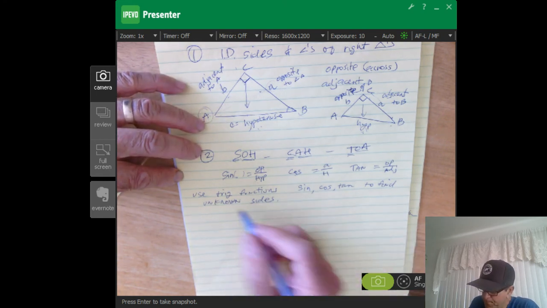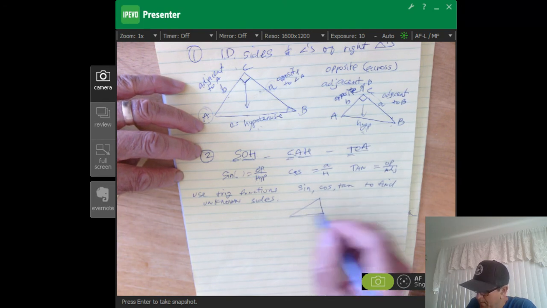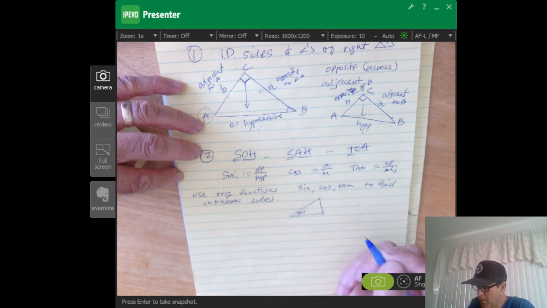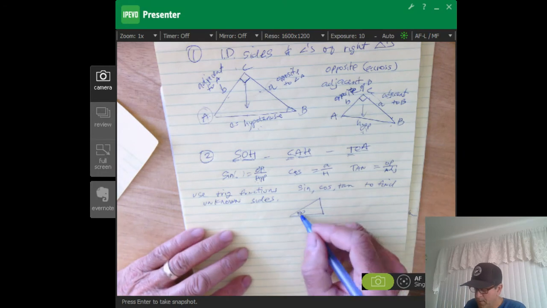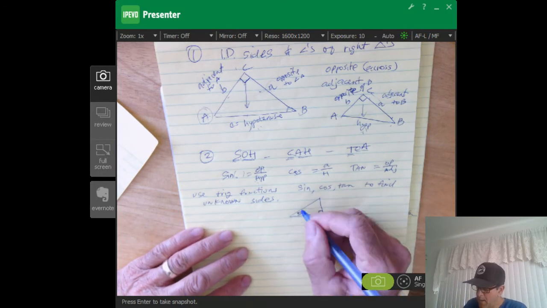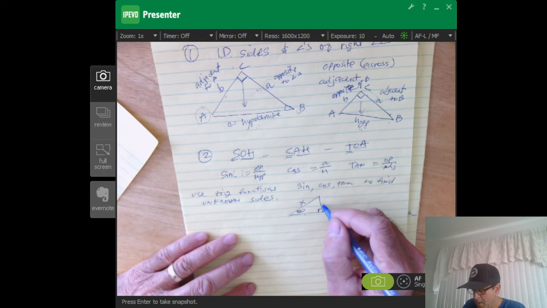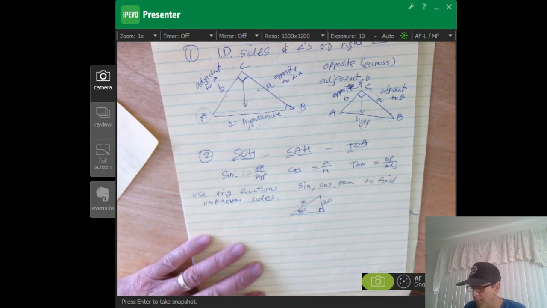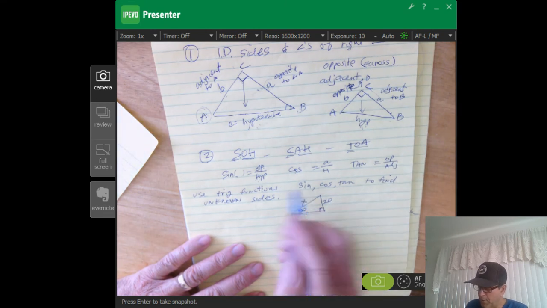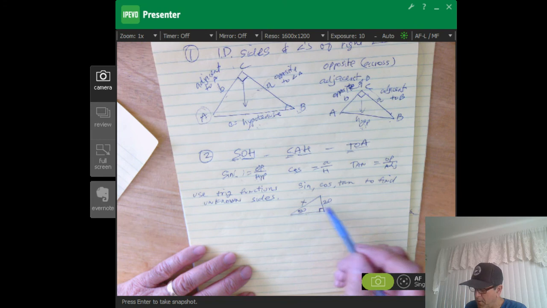Okay, so all you do is you're going to be given at least one angle besides the 90-degree angle. And if you are trying to find a particular side, you'll ask for the side, and you will have another side known. So you just have to look at the trig functions, decide which ones these are.